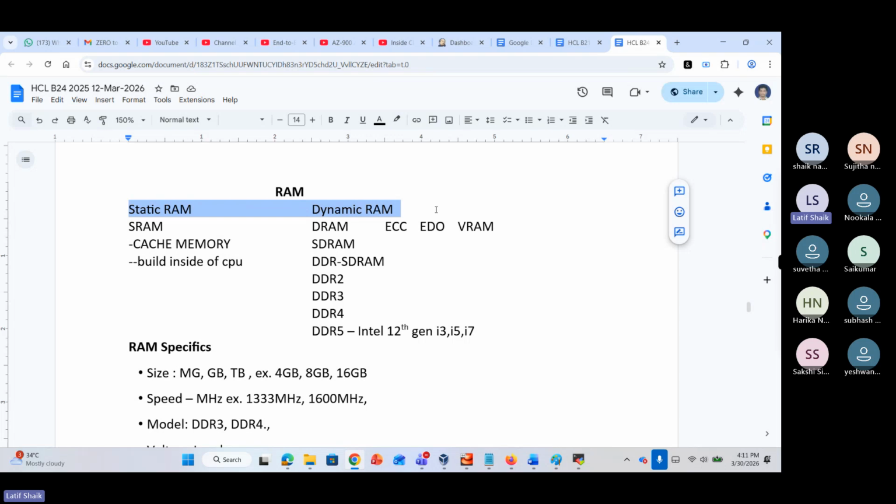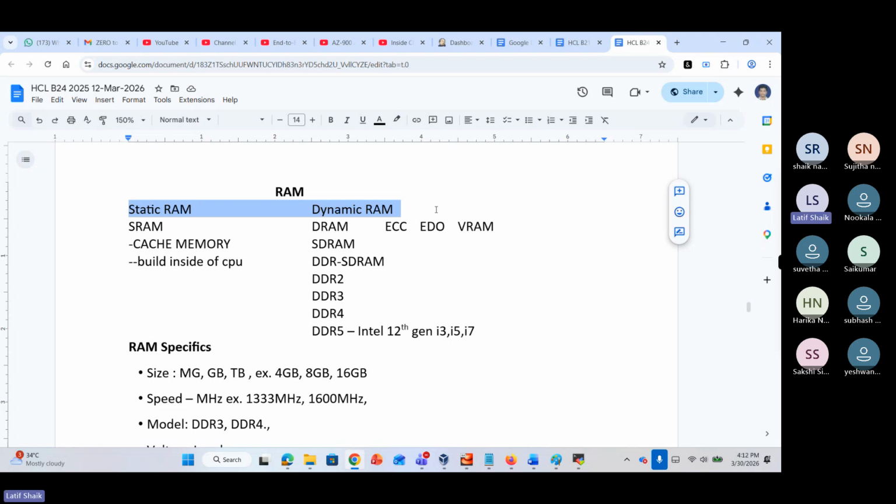Currently in the market, the demand is DDR4 and DDR5. Very old systems use DDR3, and it is still around, but if you purchase a laptop or desktop now, it will be suitable for DDR5 or DDR4, mostly not DDR3.